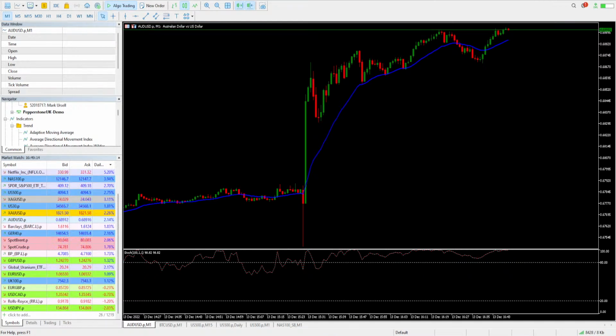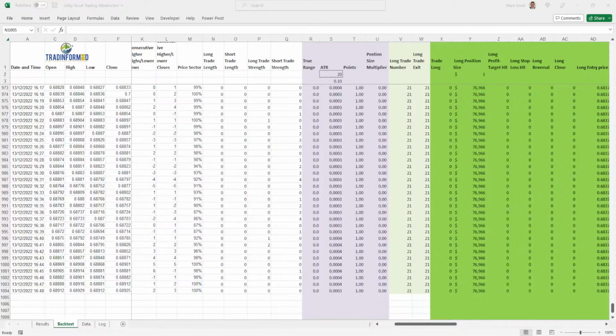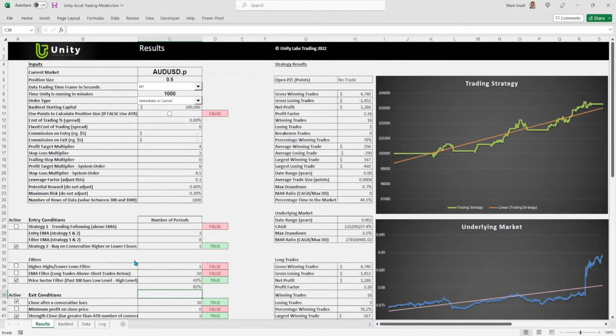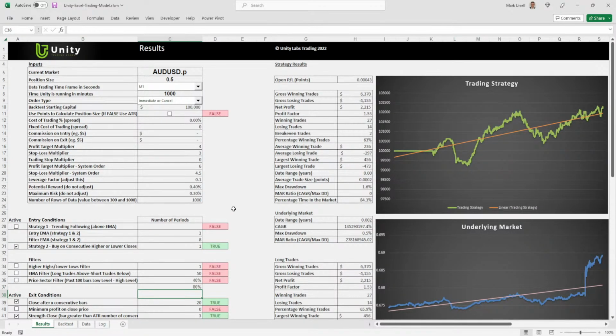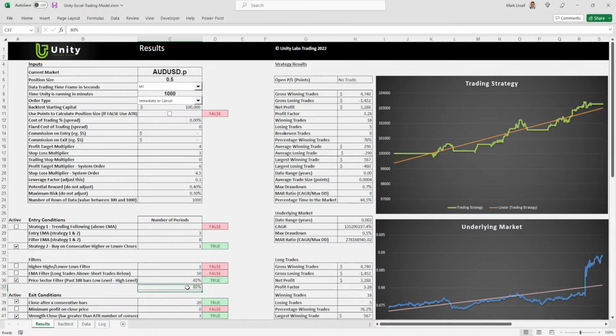If I go back to the Excel model, we can add and remove filters, like you can see me just doing there. This is the effect of the price filter. It makes a big difference. I'll put it back on and effectively take off the upper band.